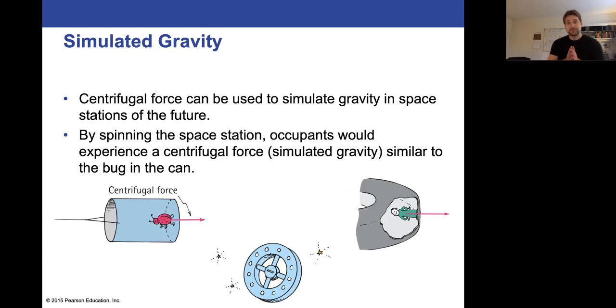We can use the inertial effect, our own inertia, in a rotating environment to simulate the feeling of standing on the ground in gravity.